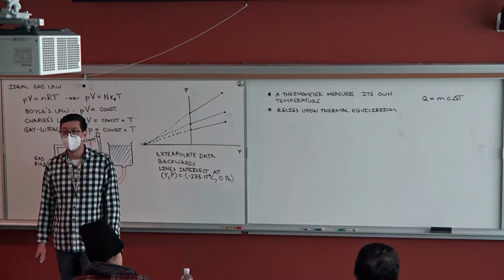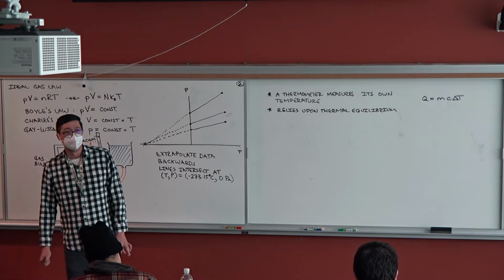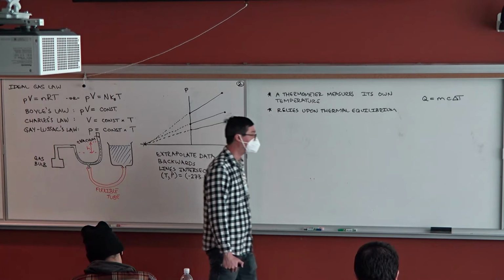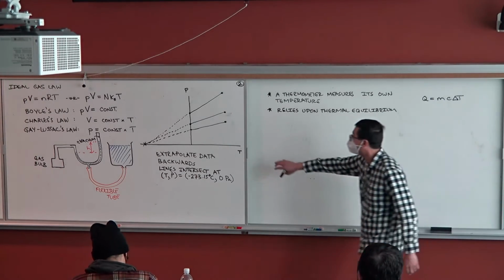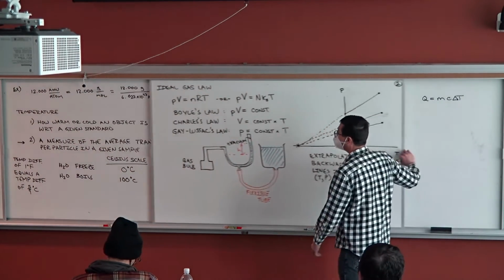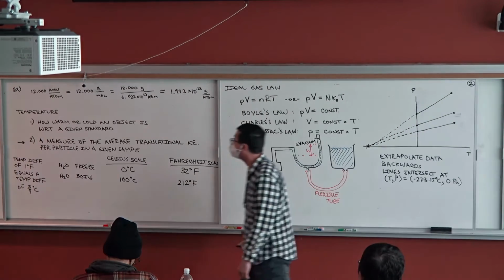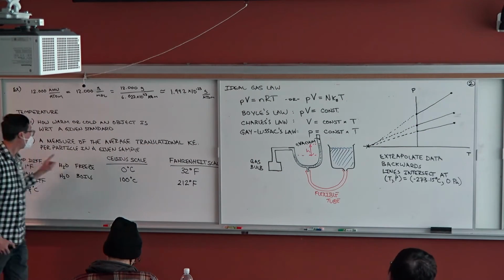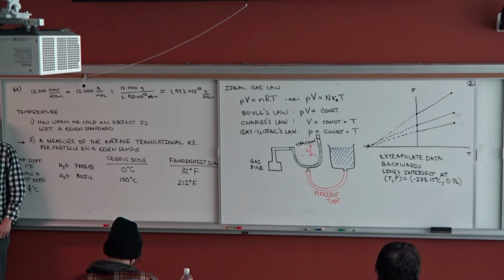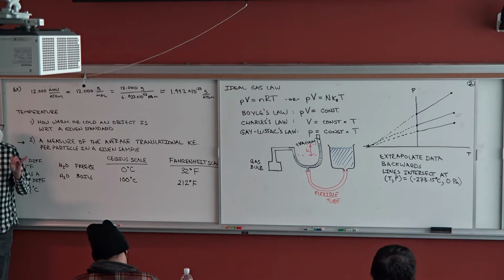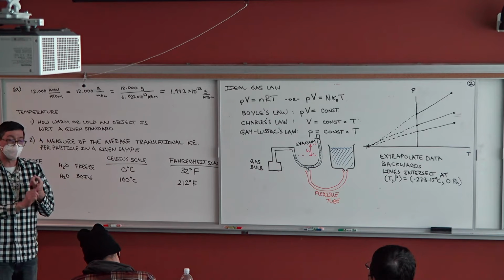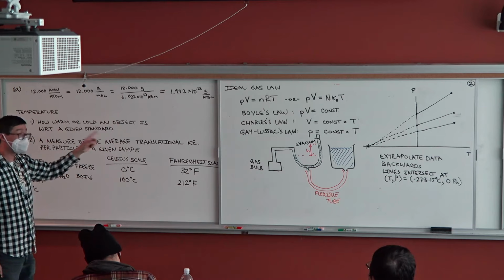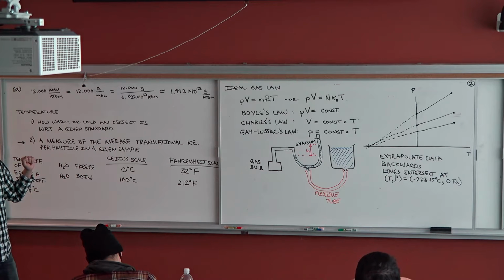Does that work? Okay. So is that higher temperature the greater kinetic energy you mentioned? Average translational kinetic energy per particle. So more temperature means that the average translational kinetic energy per particle is also higher.